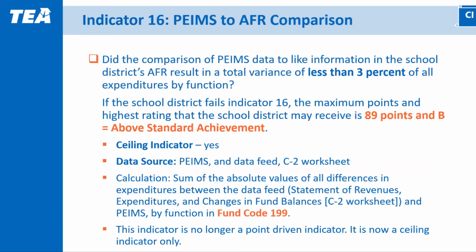And so I wanted to make sure that we're clear that it's using the data feed 199 expenditures with the PEEMS 199 expenditures by function. And it is a ceiling indicator. And if you are greater than a 3% variance, then you will fail this indicator, and the highest score you'll be able to get is an 89.